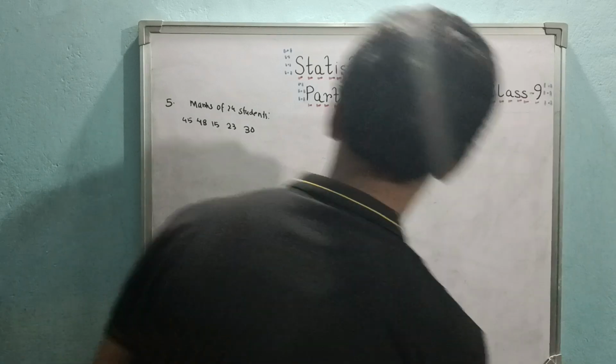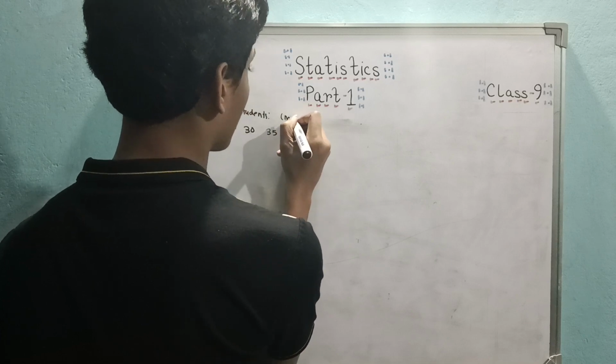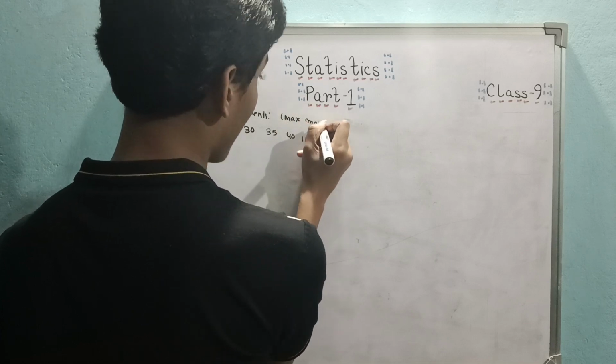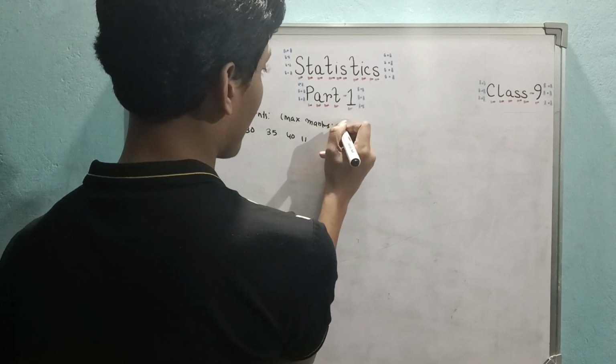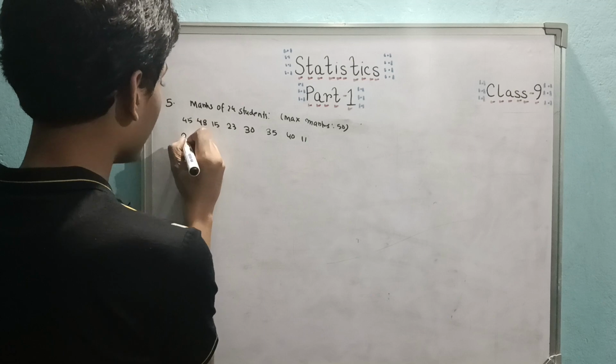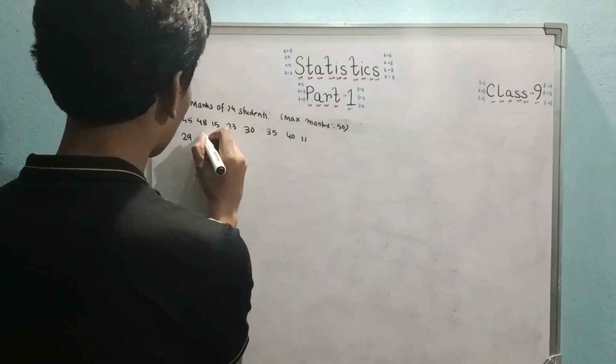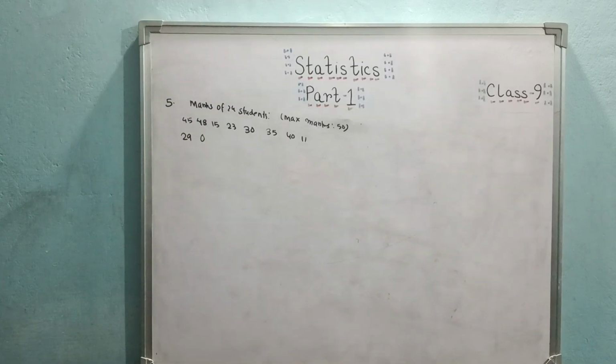35, 40, 11, and max marks is 50. Students get the exam with a maximum marks 50. Then 29. Unfortunately, one got 0. Someone got 3.